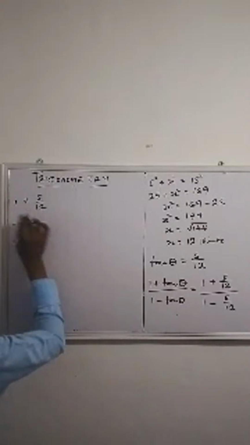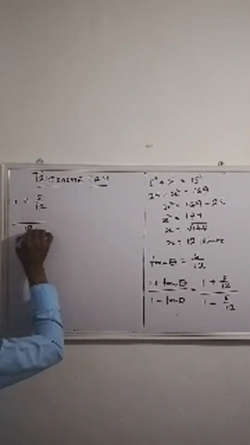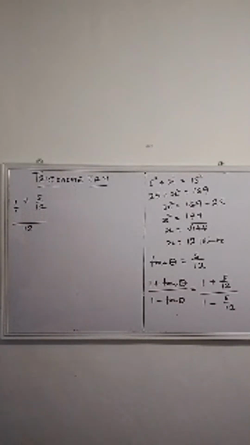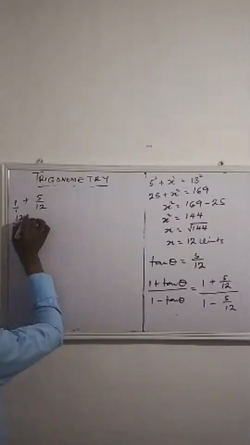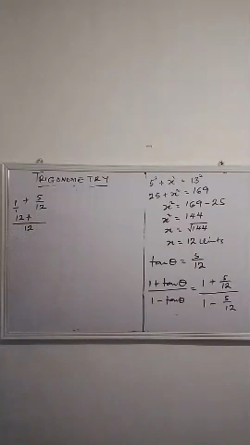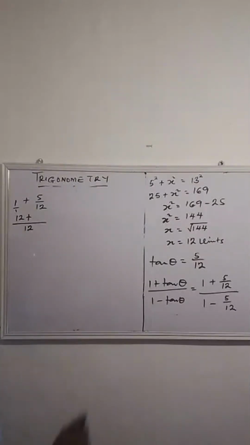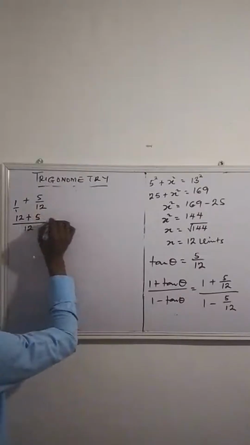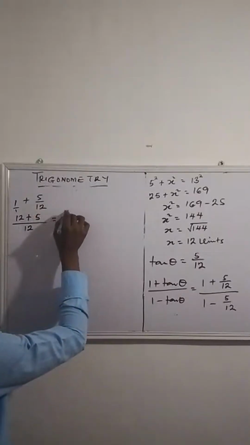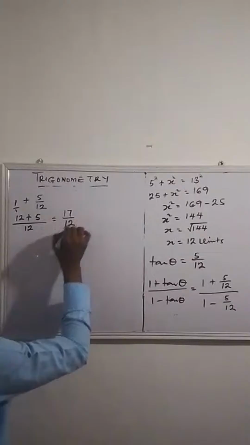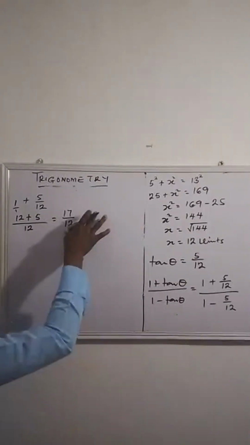Now let's find the LCM. This 12, so you know this is 1 over 1. 1 goes in 12, 12 times 1 is 12, plus 12 goes in 12, that's 1, 1 times 5 is 5. So this gives us 17 over 12. This one is for the numerator.